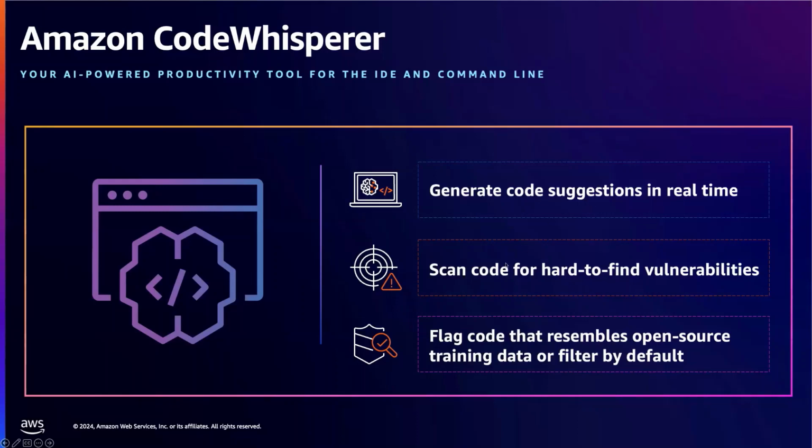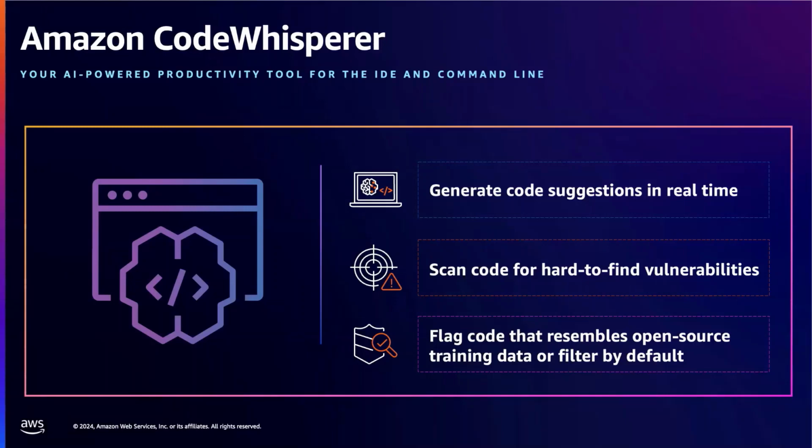Also, a bigger thing: you don't want your code to be just generated with a bunch of vulnerabilities. You can do a code scan and find vulnerabilities in your code. So Code Whisperer has that functionality as well. While you are coding, because it is trained on open source data, you do not want to be in a situation where you are in violation of a copyright.